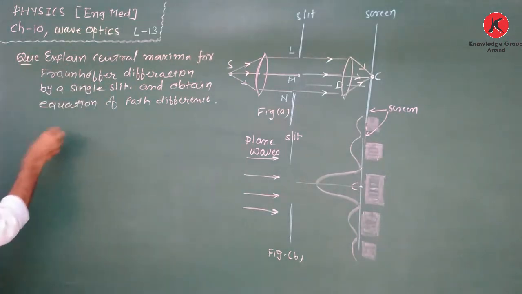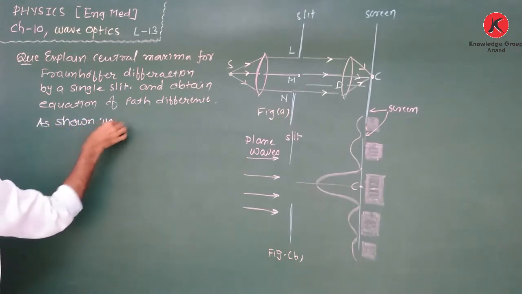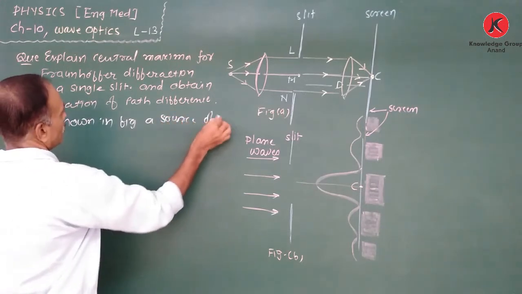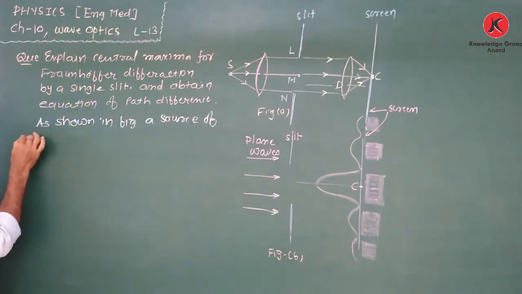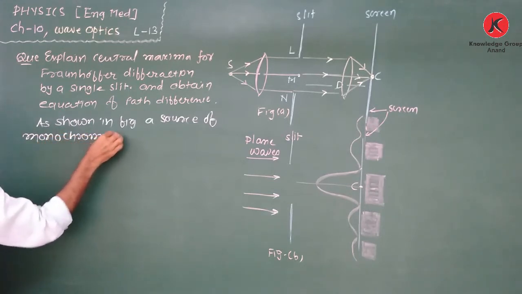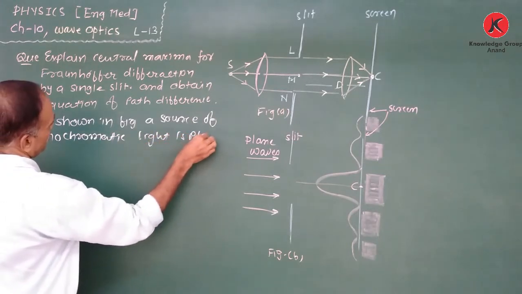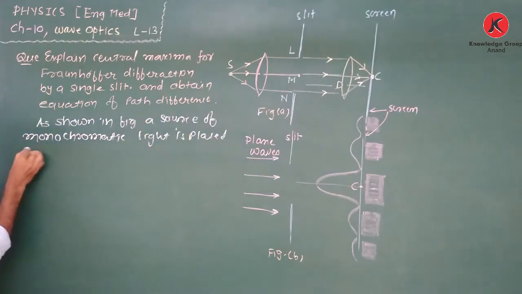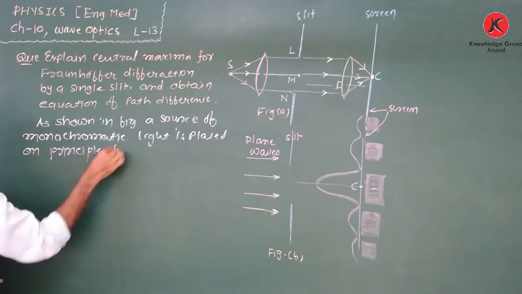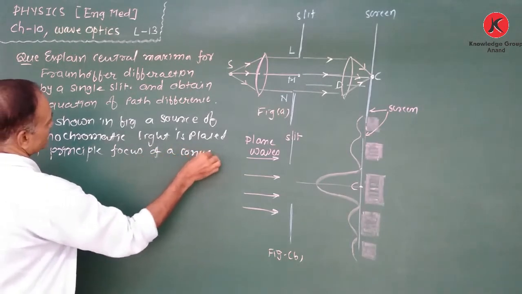As shown in the figure, a source of monochromatic light is placed at the principal focus of a convex lens.